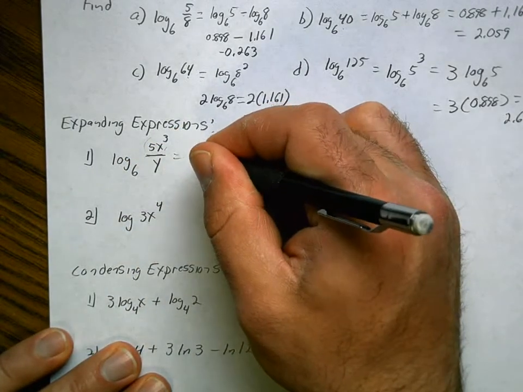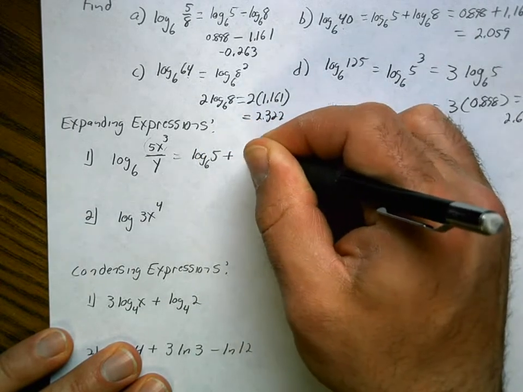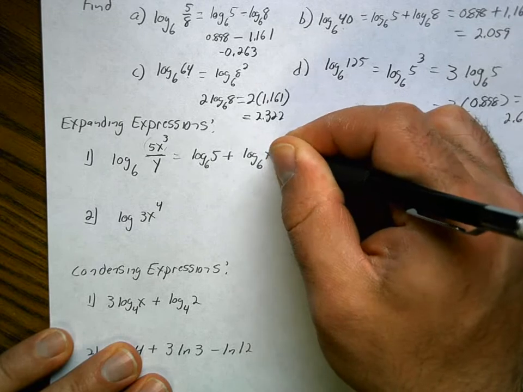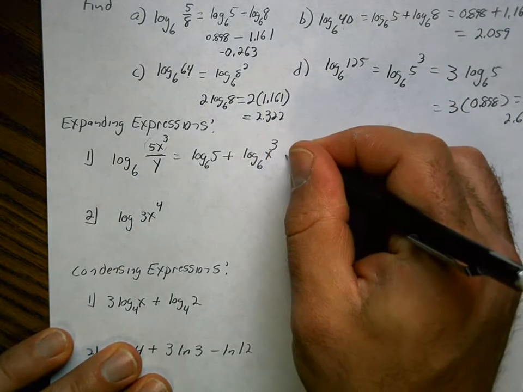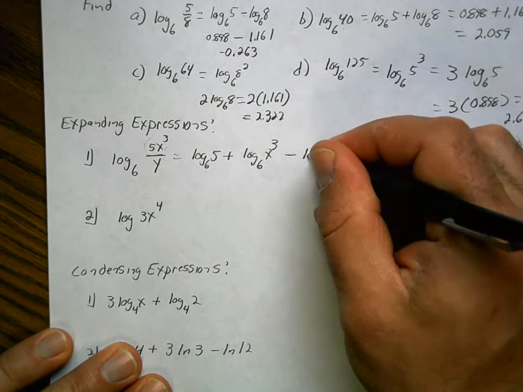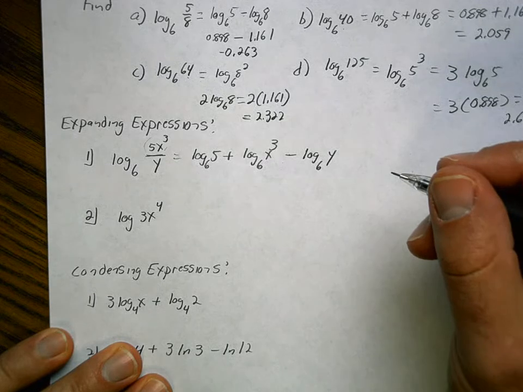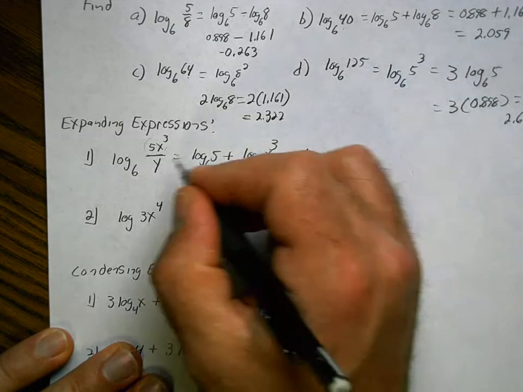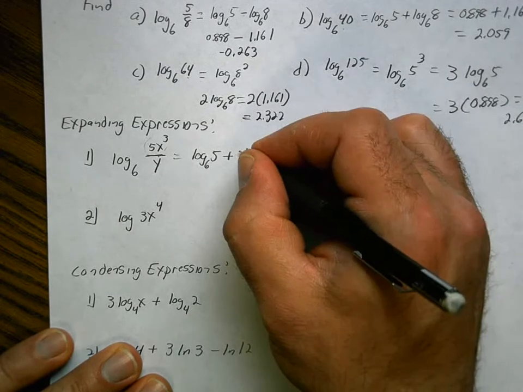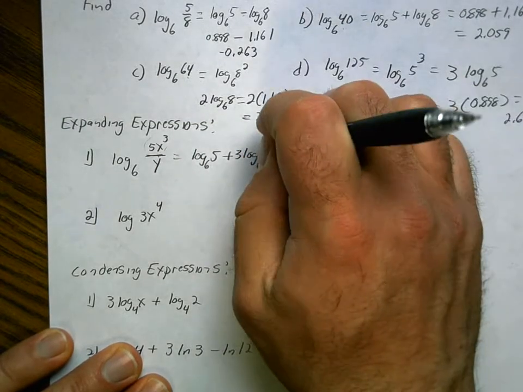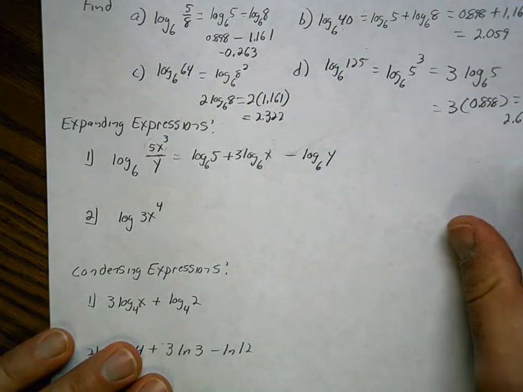So this is going to be log base 6 of 5 plus log base 6 of x cubed, because it's multiplication, and then I'm going to subtract log base 6 of y, because that's division. Now the last thing I can do is take the exponent and put it in front here. I'll just do that without having to rewrite it, and that would be my expanded expression.